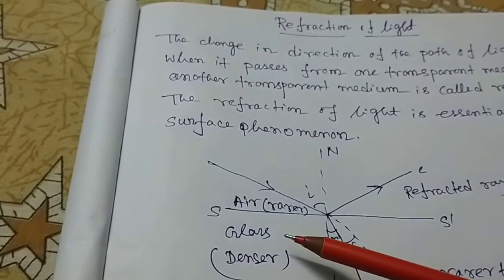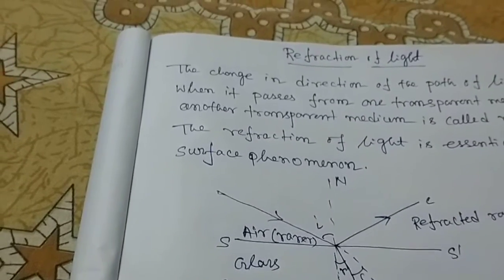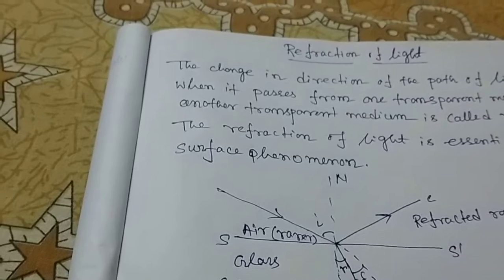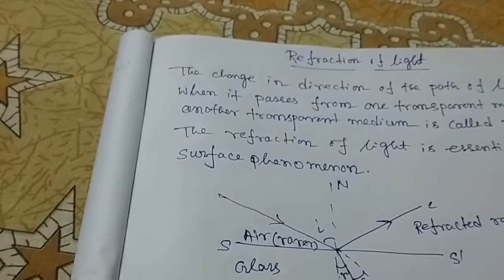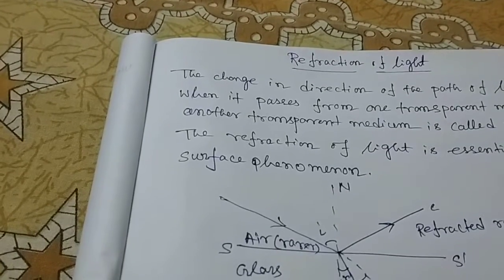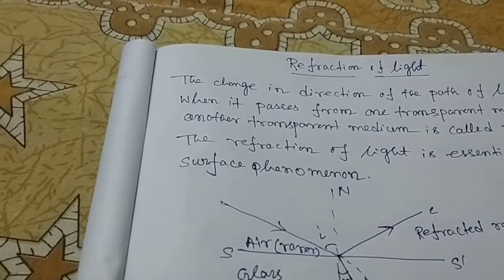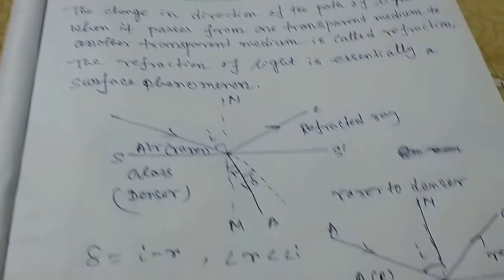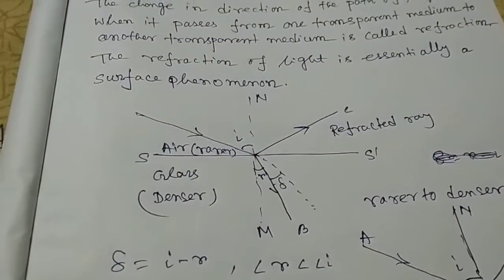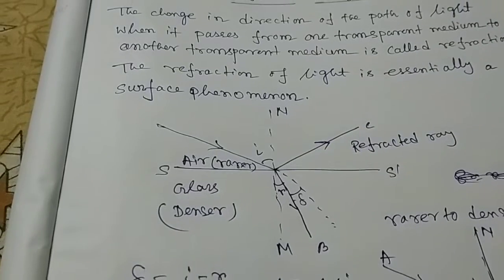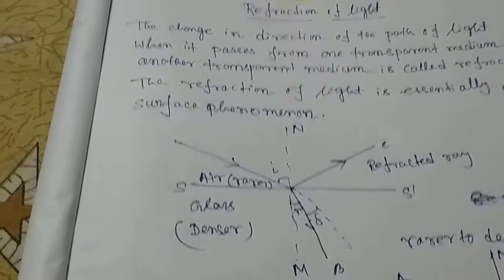air and glass. When light traveling in one medium falls on surface S dash, a small part of it is reflected back in the same medium obeying the laws of reflection, and the rest of it is refracted through the other medium.